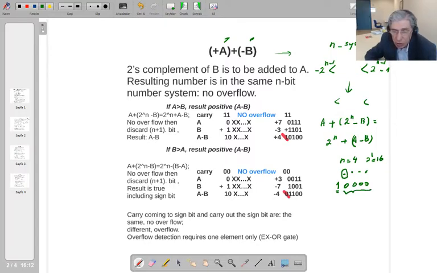If you consider this n, this 2 to the power n is going to be something like that. That means you're going to have a 1 outside of your allowed number system. So if you ignore that, because this result is not in your number system.